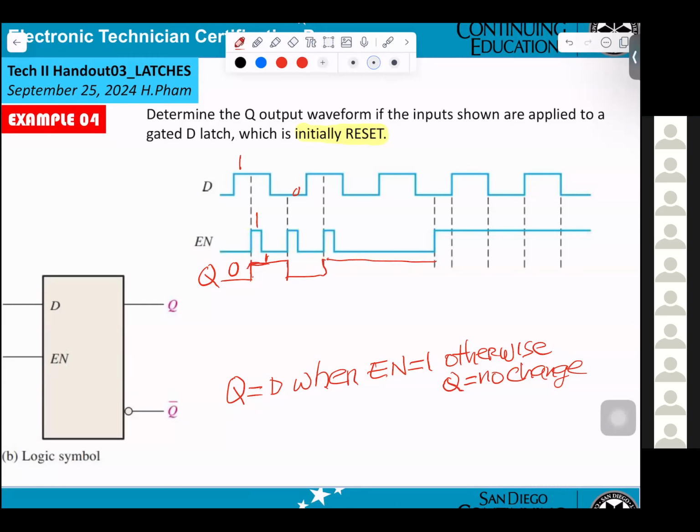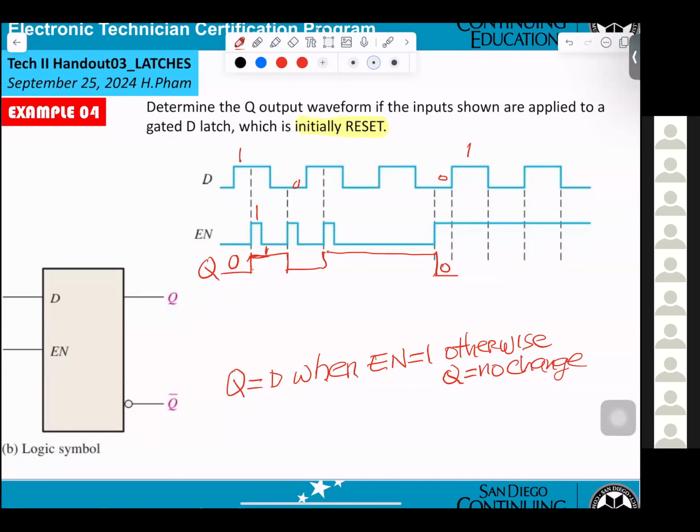So Q equal to D. And the 1 here, enable 1 now, so they go 1. 0 now, they equal 0. 1 now, go to 1. That's how the signal will look like.